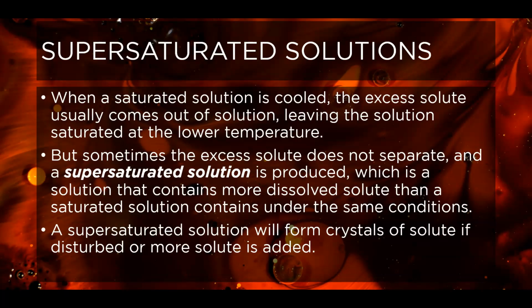And so I can add more and dissolve more at a higher temperature than I would have been able to at the lower temperature. So what happens is if I continue to cool this solution down, it's going to crystallize. The solute is going to crystallize, and that's how we can effectively make crystals in the lab.